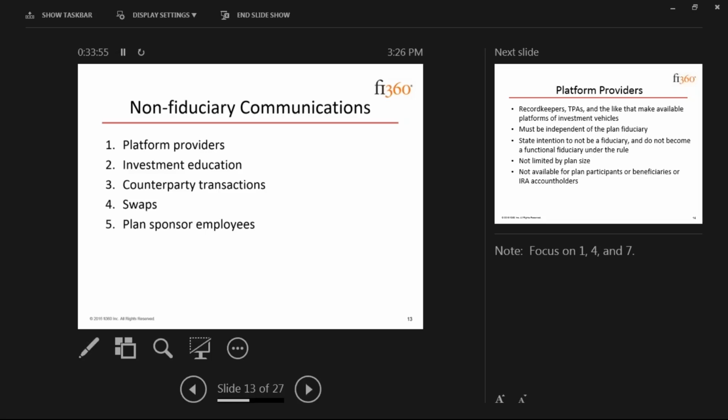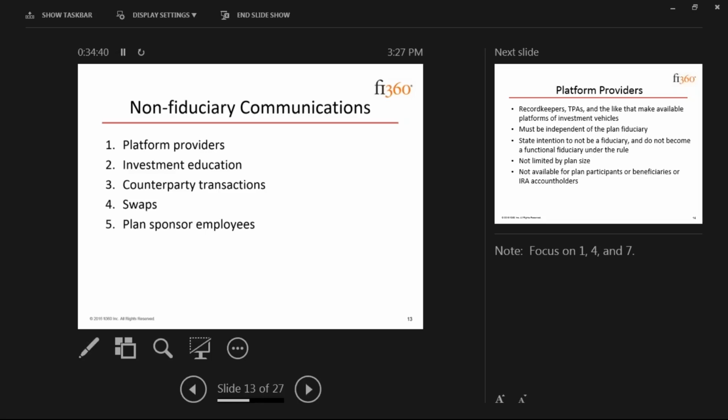In this case, what the rule is saying is if you have a 401k plan within your organization, so it's internal to your organization, and you have an HR department, which most larger firms have, and your HR employees are interacting with the employees of the participants with respect to their 401k accounts, anything that the HR employees are doing in that regard is not going to be considered fiduciary or advice, because it's incidental to their role as an HR employee, and they don't want to chill the relationship between HR departments and the employees of the company.